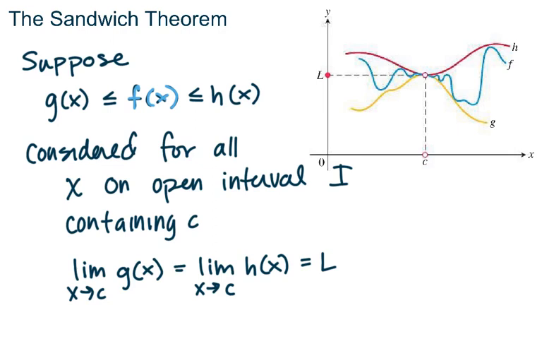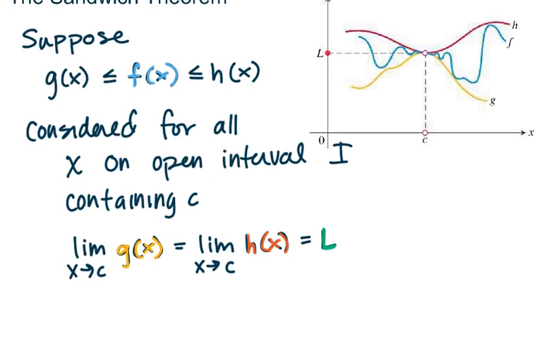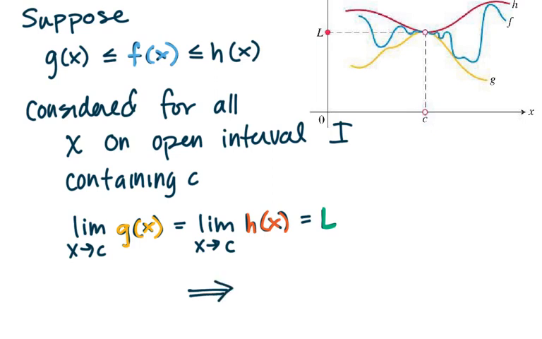So we're looking at the function which is bounded beneath, g, and the function bounded above, h. And we're saying both of those functions, the one above and the one below, they both go to this value L. If they both go to L, then the function in between them, the limit as x approaches c of f of x, must also go to L because it's squished between them.